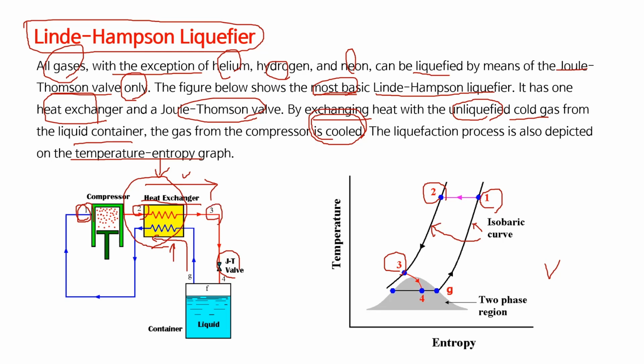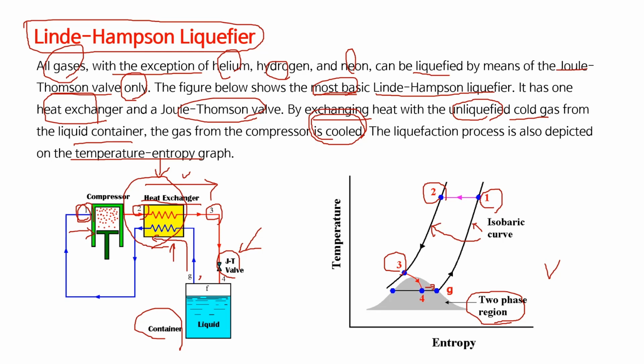and then by action of the Joule-Thomson valve, the gases enter into the two-phase region. So some of the gases become liquid, and other gases are unliquefied. This unliquefied cold gas comes from the container and goes back to the compressor here.